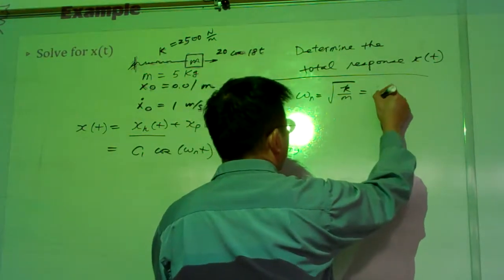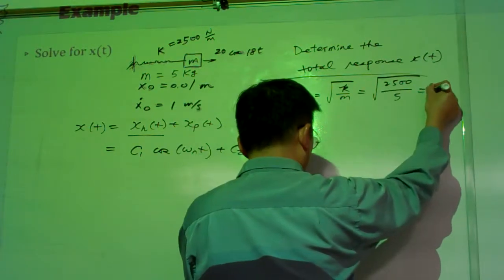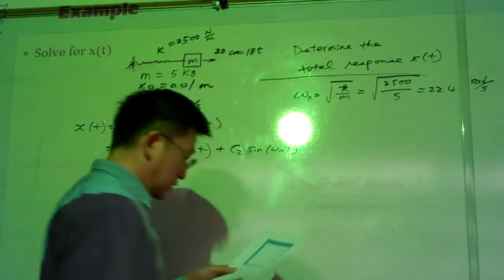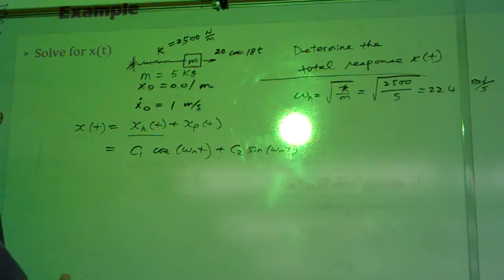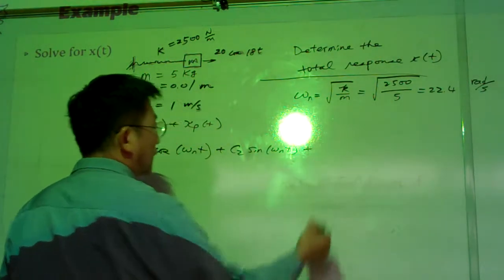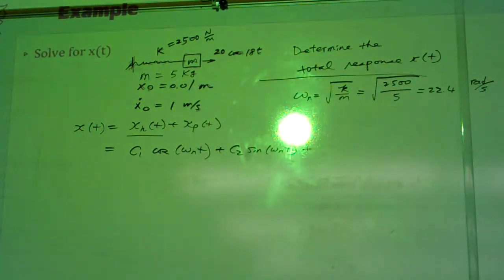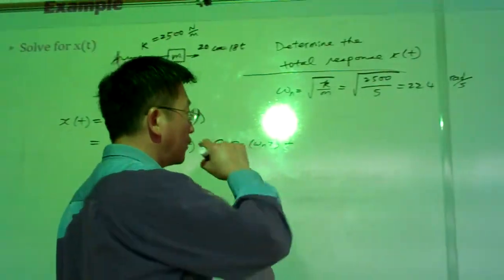So that will be equal to 2500 divided by 5, square root, 22.4 radian per second. We just get the numbers ready. Okay. So that is this one, and then also from here, either you can redo it from scratch, but otherwise, if you like, you can simply plug in using our notes here.